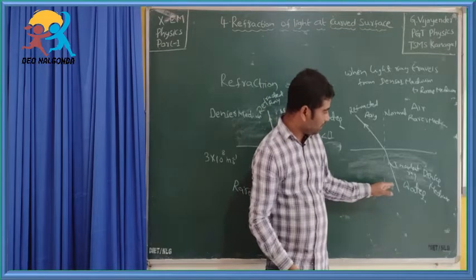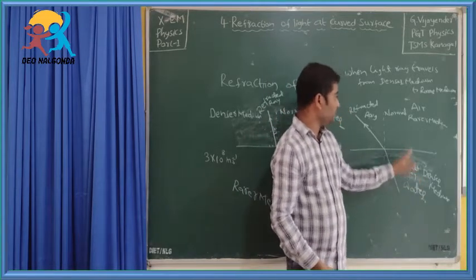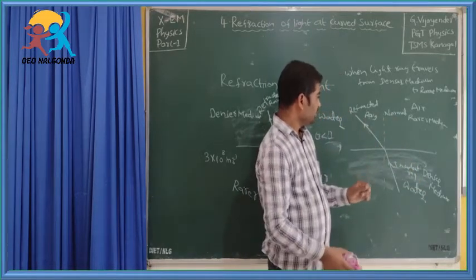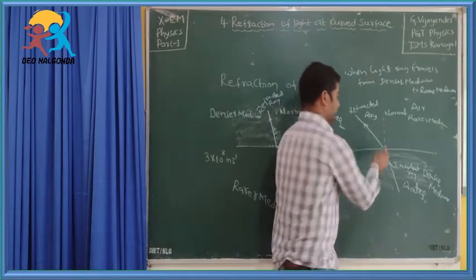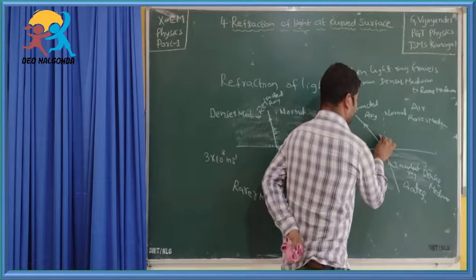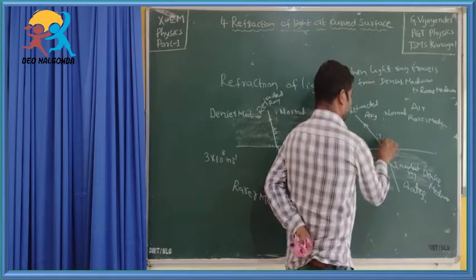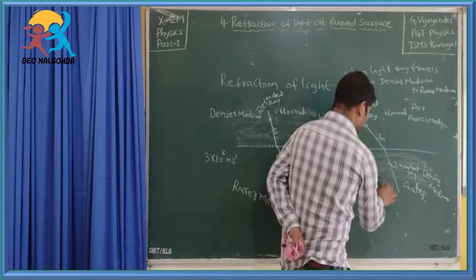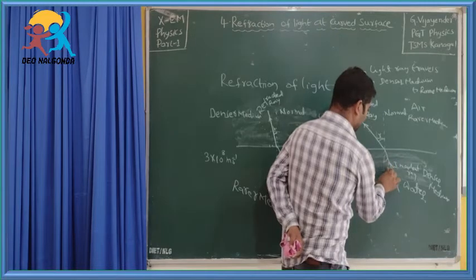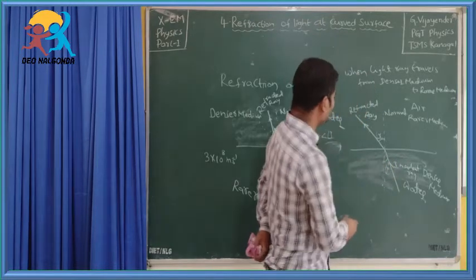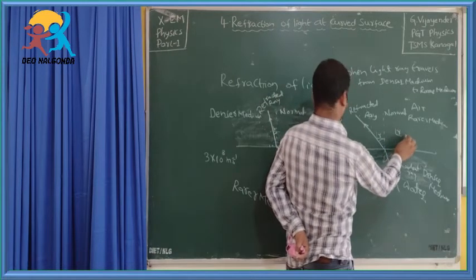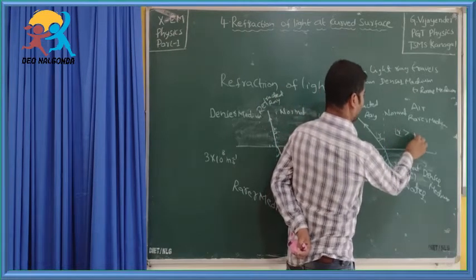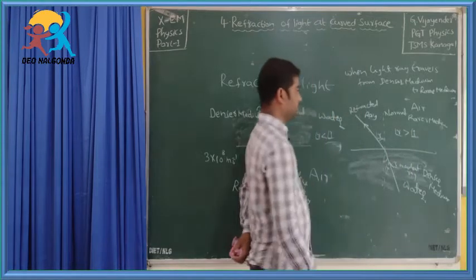Here the light ray traveled from denser medium to rarer medium, so the refracted ray moves away from the normal. The angle between the normal and the refracted ray is called angle of refraction. The angle between the incident ray and normal is called angle of incidence. Here the angle of refraction R is greater than the angle of incidence I.